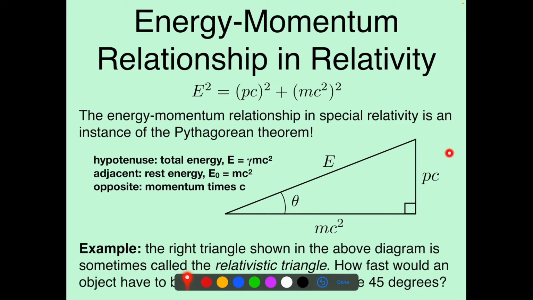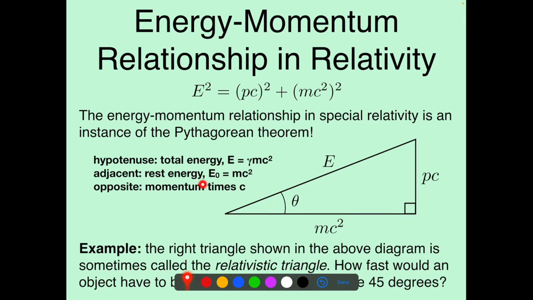So we can construct a right triangle where the hypotenuse, the long side of that triangle, is E. That's our total energy. Now remember, E can be written also as gamma times MC squared. So these are the same thing. We're talking about the total energy as the hypotenuse. The adjacent side is MC squared, and that's what we call our rest energy.